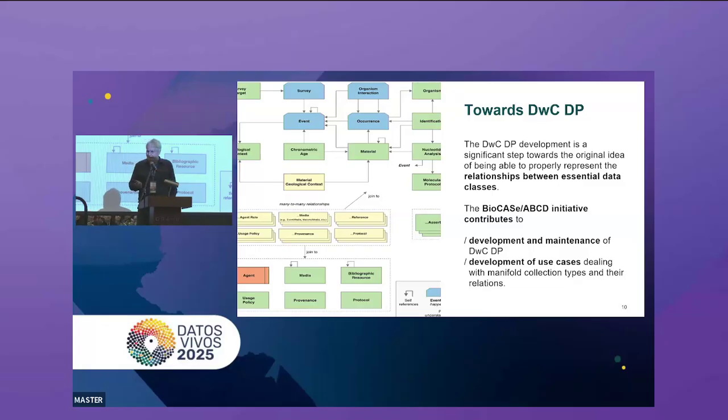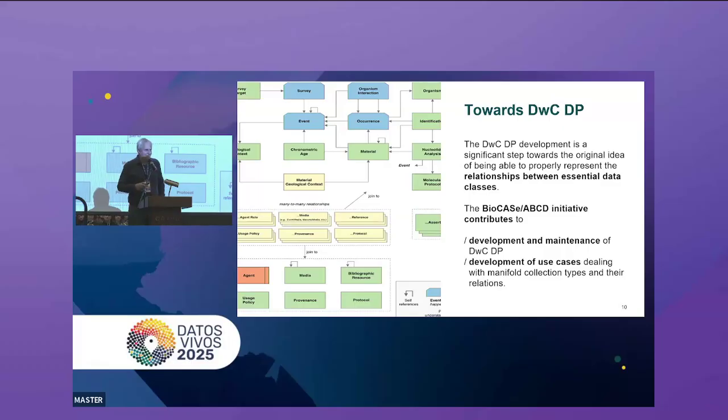So what does this have to do with Darwin Core Data Package? Once more, if you remember the early relational models, and now have a look at the Darwin Core Data Package modeling, it looks very similar. Both are really relational structures.